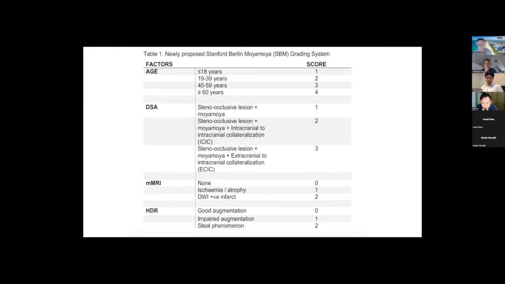So I think Suzuki's grading system is still very useful, because the late stage of the Suzuki grading system, like stage 5 or stage 6, means that this kind of patient already has some spontaneous stoma.